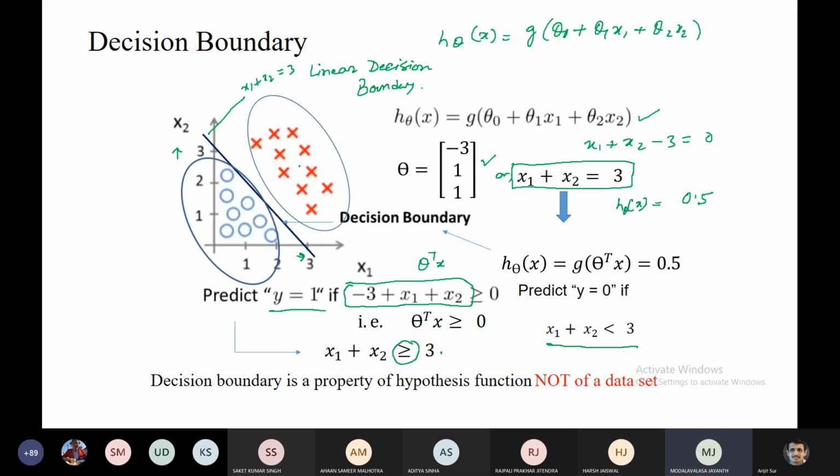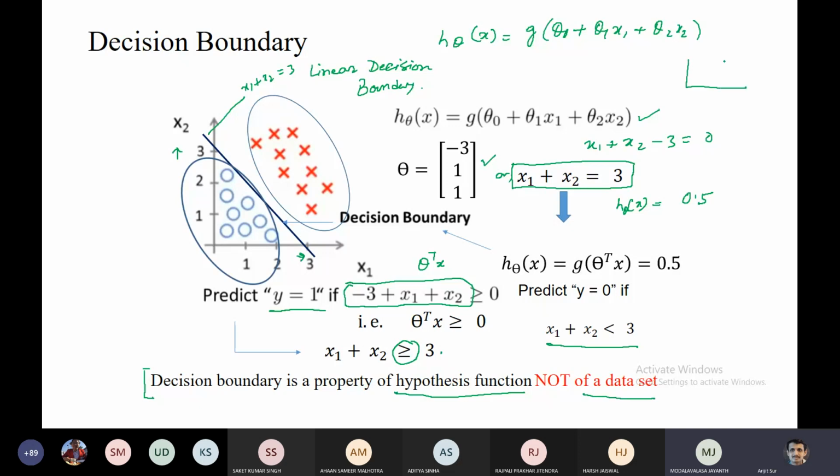One very important thing that is easy to understand from this is that the decision boundary is a property of the hypothesis function. The hypothesis function gives you the decision boundary, not the data set. Data set may be anything. We cannot say that if you use this data set, you get such a decision boundary.